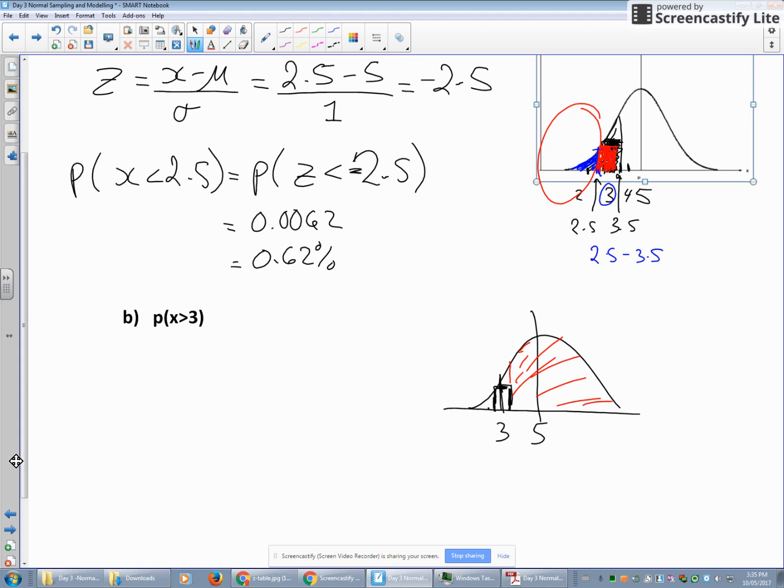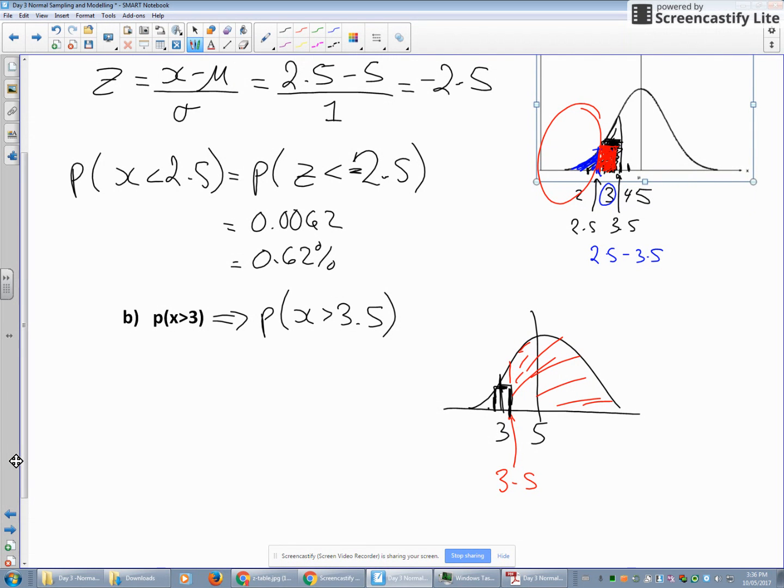This area there is going to be 3.5. Because it's discrete data, if I want to normalize this and pretend it's continuous data, I'm going to say that the probability that x is greater than 3 is the same as finding the answer of x being greater than 3.5. That becomes the point that I'm interested in.